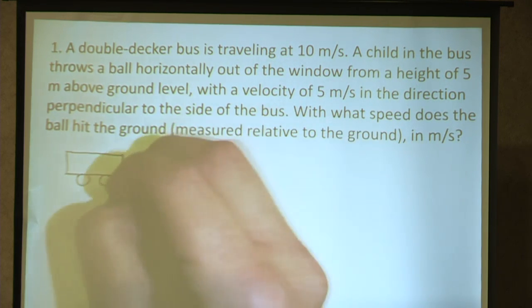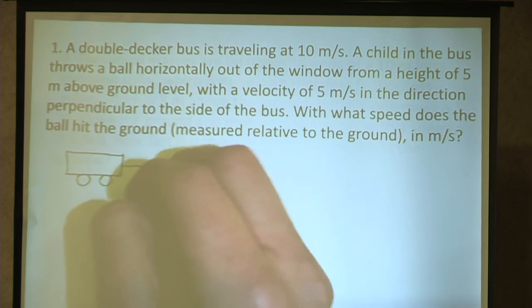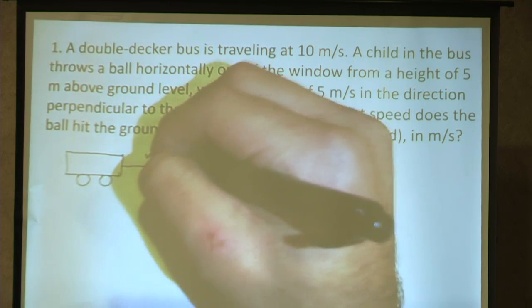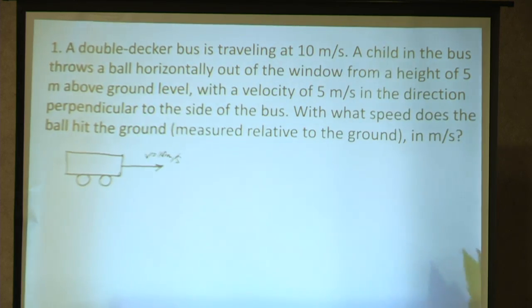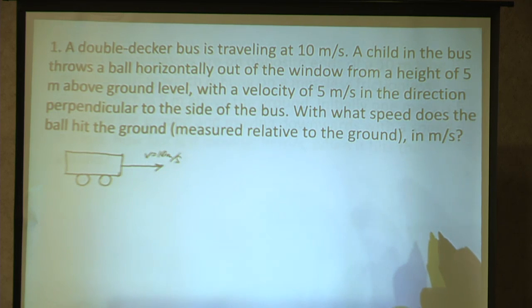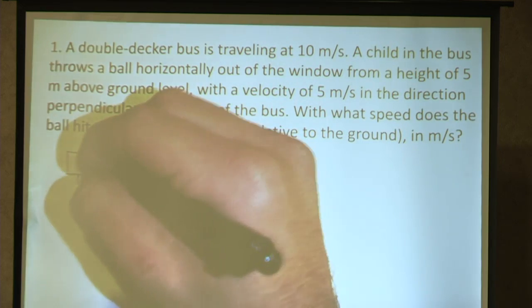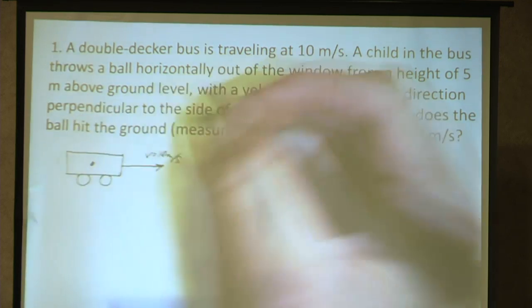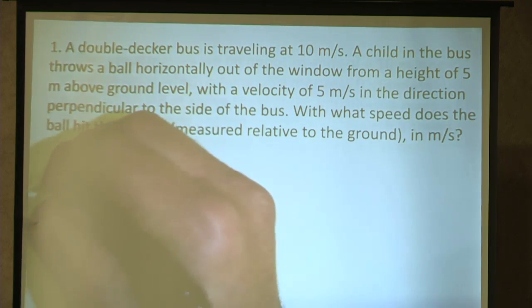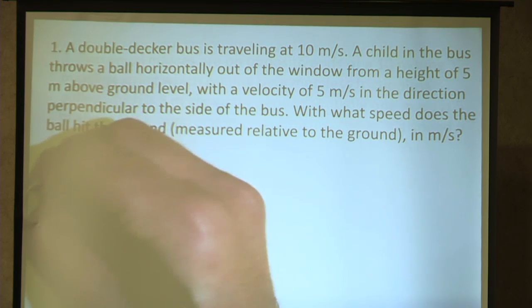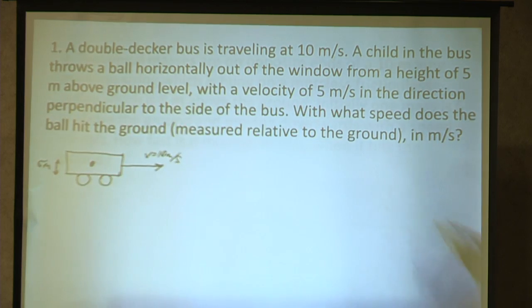It's traveling, let's just say this way. It's going at 10 meters per second. A child in the bus throws a ball horizontally out of the window 5 meters above the ground. Let's just say that person is right there, and that's 5 meters above the ground.